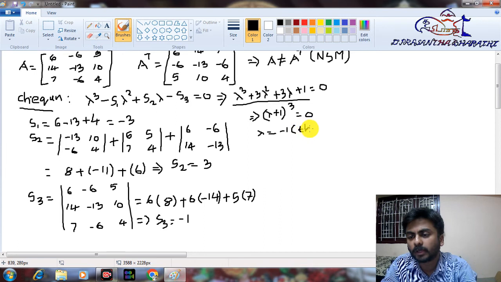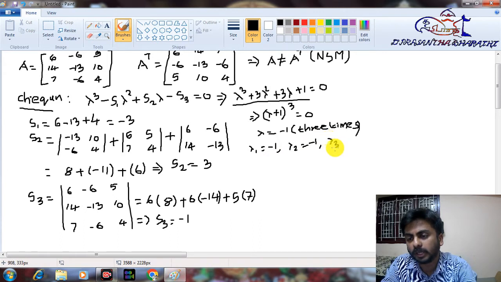So lambda 1 equal to -1, lambda 2 is also equal to -1, and lambda 3 equal to -1.